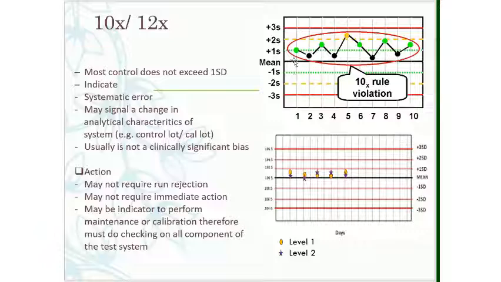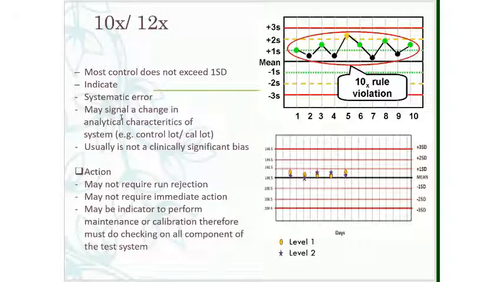It is within plus or minus 2 SD, however, only on one side. So for 12 QC data, also on the same side and not exceeding plus or minus 1 SD, regardless of any QC levels.